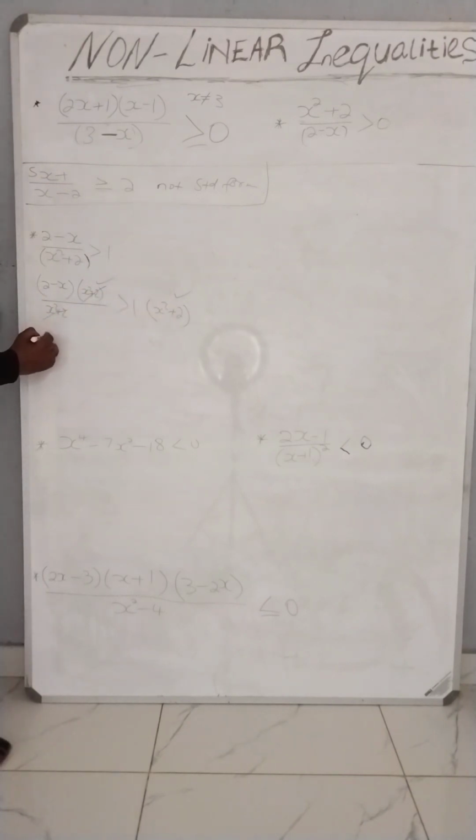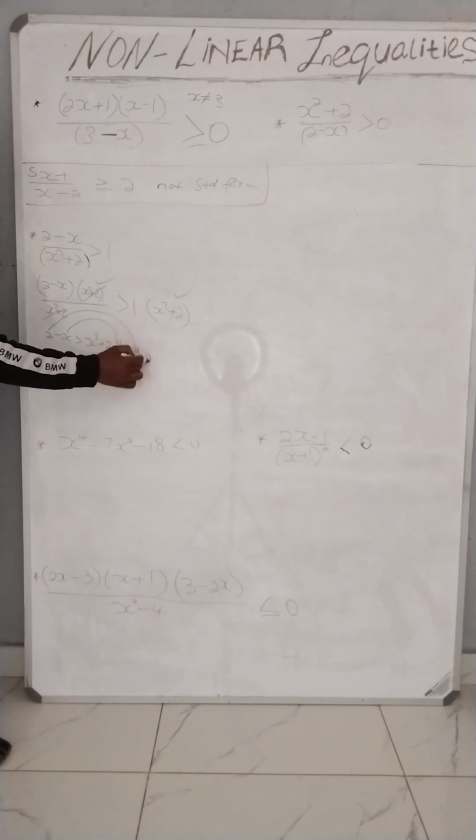Then you remain with 2 minus x is greater than x squared plus 2, which you can take to that side. Because you want your x squared to remain positive, if you take this to that side, you will have a positive x. You take this to that side, you will have a negative 2.